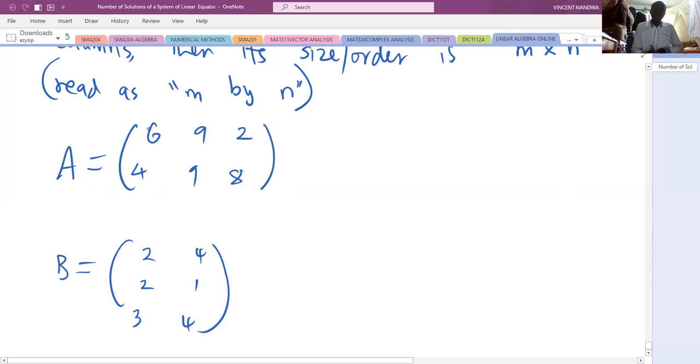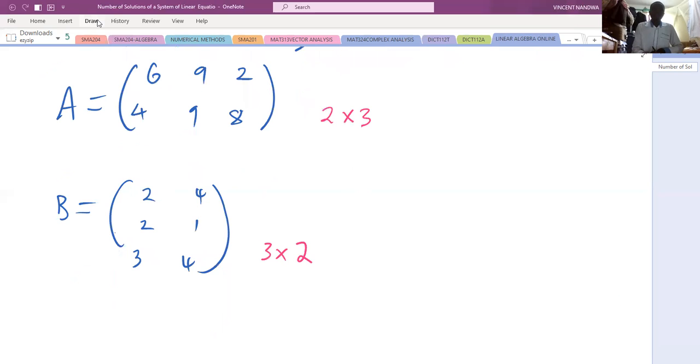Out of this matrix, rows are these horizontal lines. So this is 1 and then 2, so I have 2 rows, and columns are these vertical lines, 1, 2, 3. So 2 by 3. And then this one, rows are 1, 2, 3, and 2 columns, 1, 2. So 3 by 2.